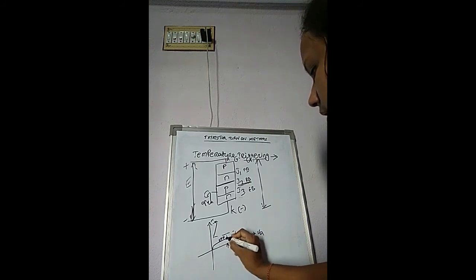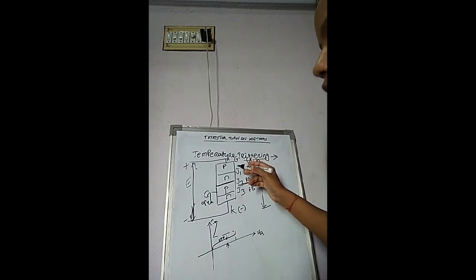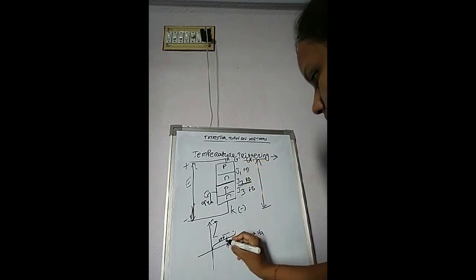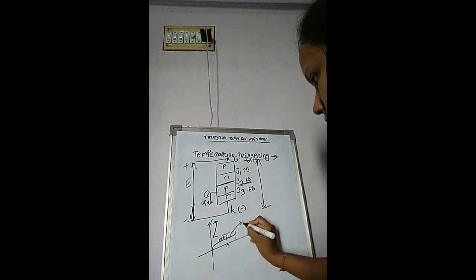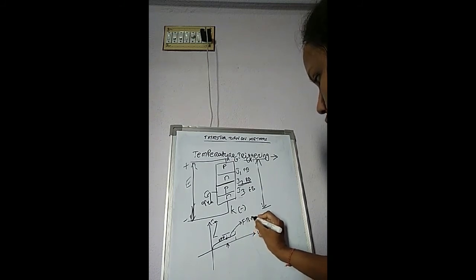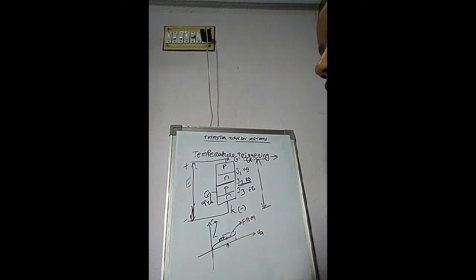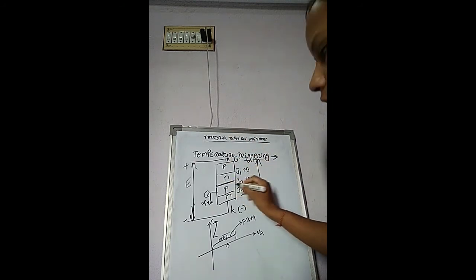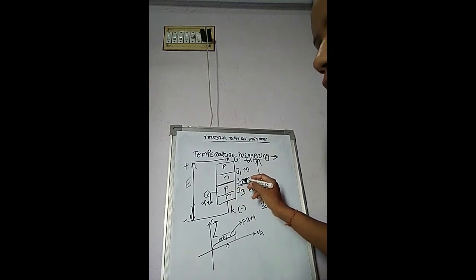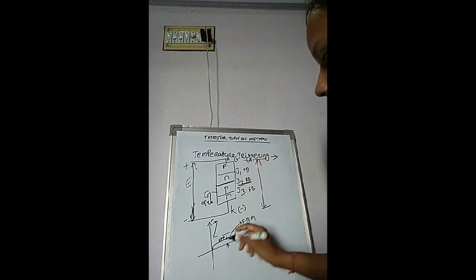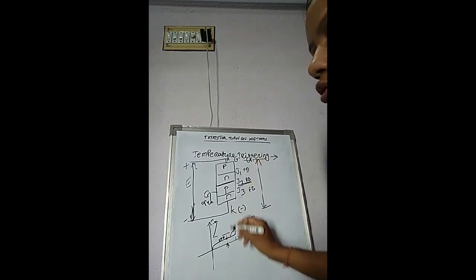During the forward blocking mode, the total applied voltage appears across junction J2, so the blocking voltage is large, and at this state there is also some leakage current.